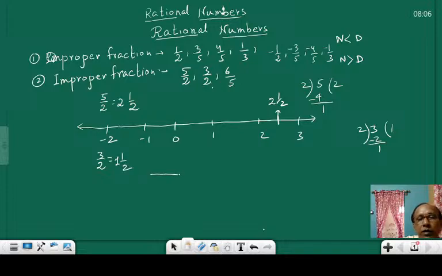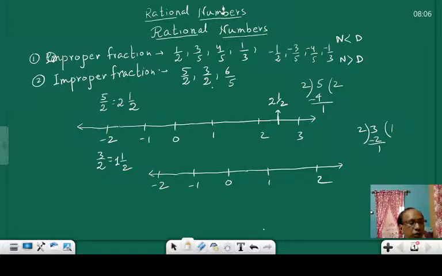We can represent this on a number line in this way: this is a number line, this is 0, 1 and 2, and this is minus 1, minus 2. 1 whole 1 by 2 means this is 1 whole, and 1 by 2 means this is divided into two parts, and this point represents 1 whole 1 by 2. This point is 1 whole 1 by 2, right.